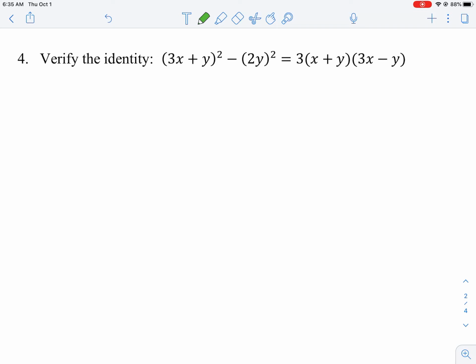I know from that last problem that this is also a difference of 2 squares. I have some number squared minus some other number being squared. Don't be scared by the expression inside the parentheses there. It's still just some number being squared.